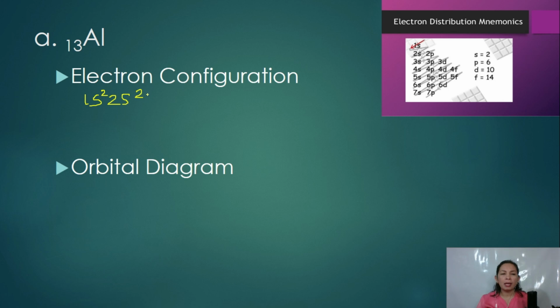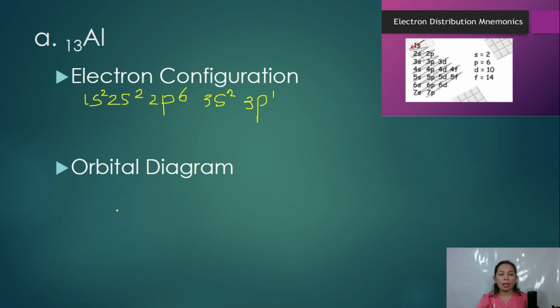And then next, we have 2p, which is 6 total electrons. And then followed by 3s, having 2 electrons. And then 3p must contain only 1 electron to complete 13. So if we count, 2 plus 2 is 4, plus 6 is 10, plus 2 is 12, plus 1 is 13. So this is the electron configuration of aluminum.